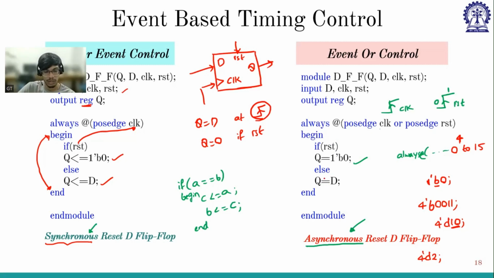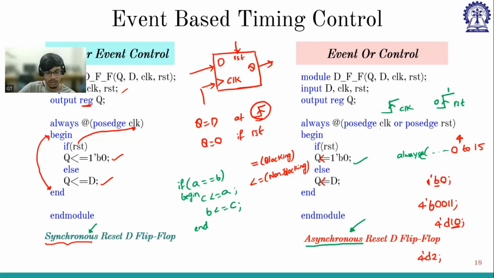Sir, I'm trying to understand the difference between Q equal to D and Q less than or equal to D. You can still use less than or equal to here. Here, there are no multiple sequences, so you can still use less than or equal to and it will work fine. There is no issue.